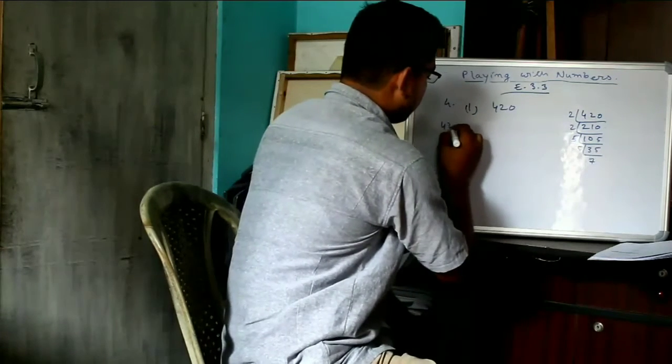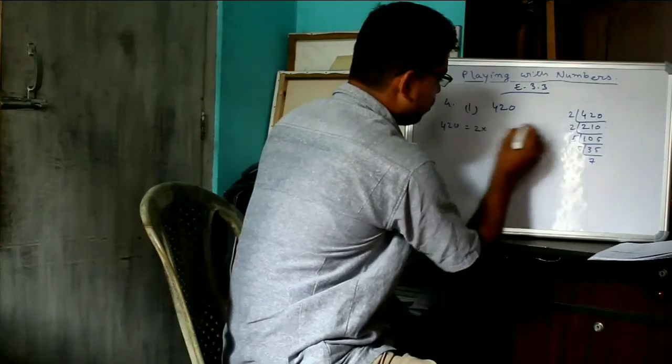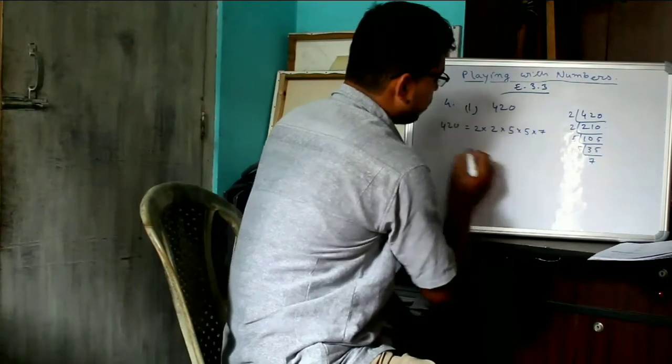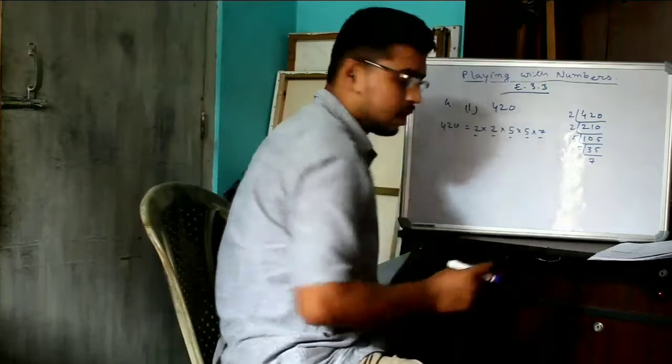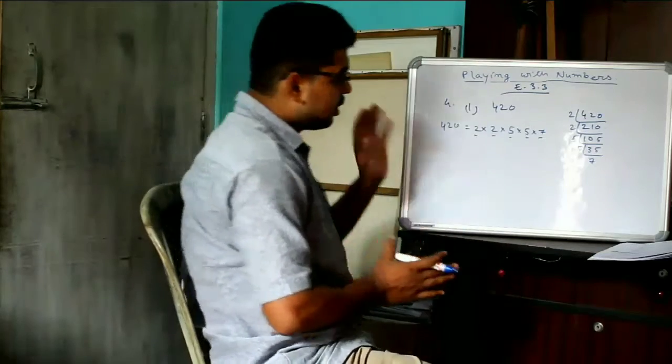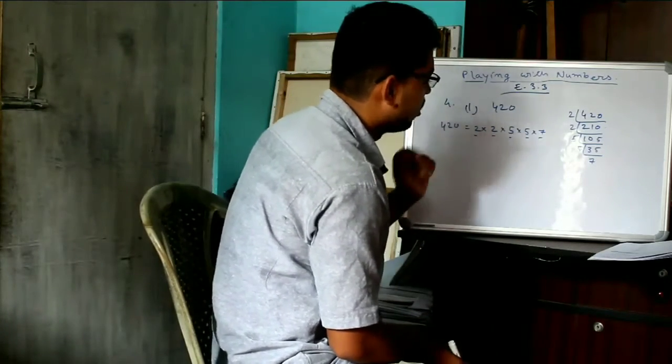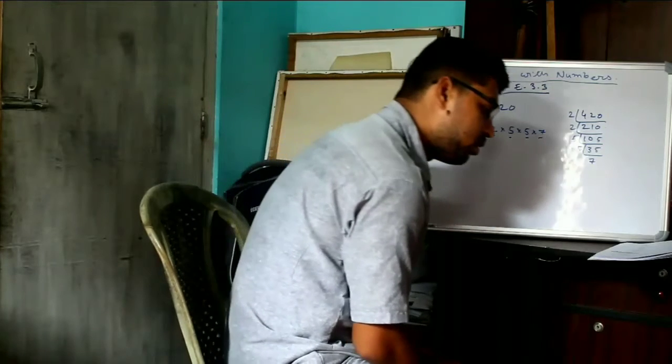So 420 equals 2 into 2 into 3 into 5 into 7. All are prime numbers, so this is the prime factorization of 420.